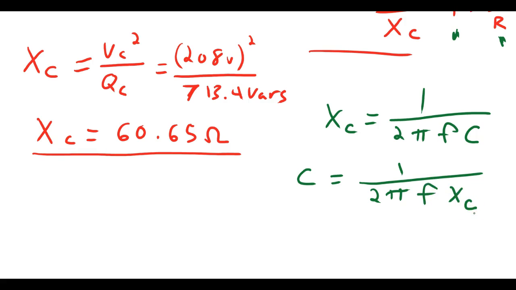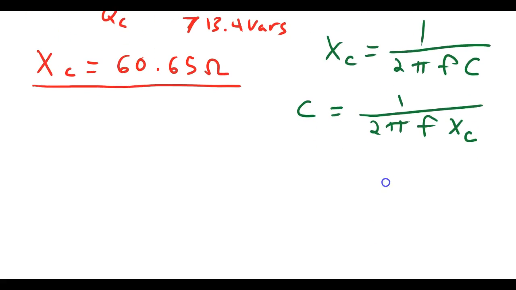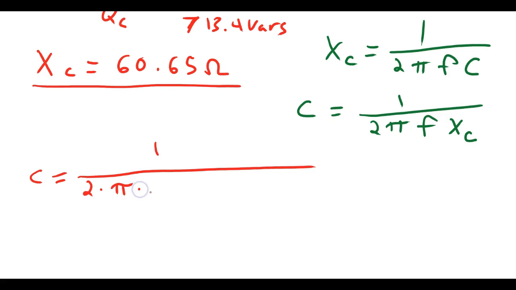And so therefore we can write that the capacitance is equal to 1 divided by 2 times pi times the frequency, which has been given as 60 hertz, multiplied by the value 60.65 ohms that we had calculated.